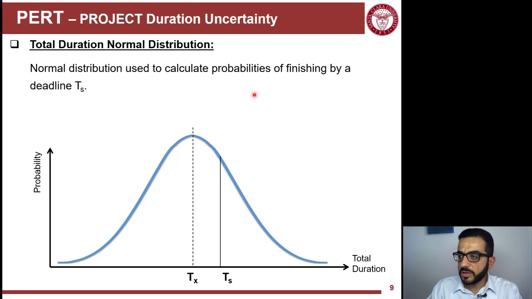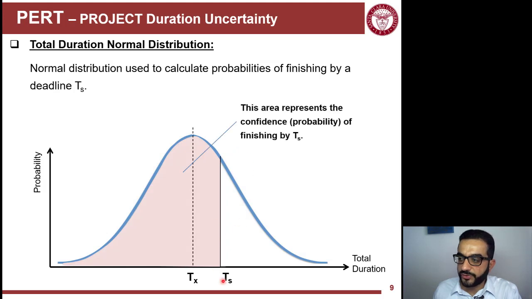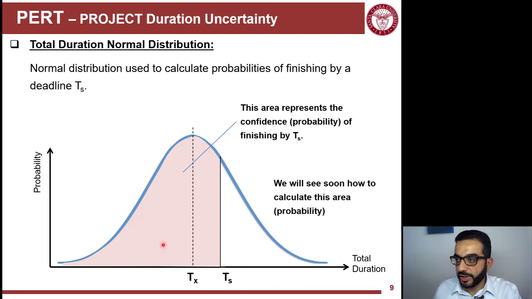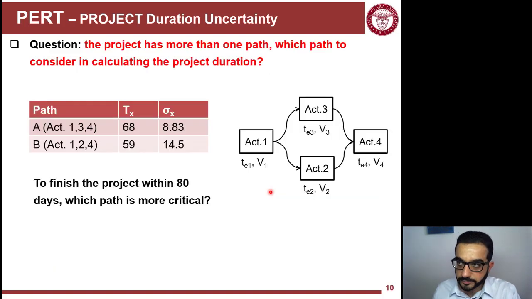So if I have a probability distribution of the duration of a chain of activities, now the question would be what's the probability, or my confidence, of finishing these activities within TS duration or time. So we will see how to calculate this area under the curve, but let's move forward here to another question. The project is made up of multiple paths, so it's not only one path.